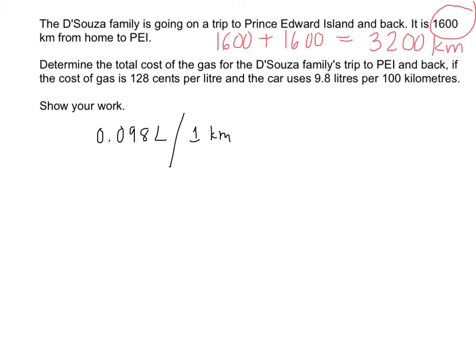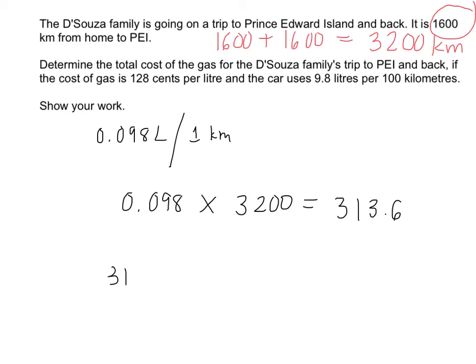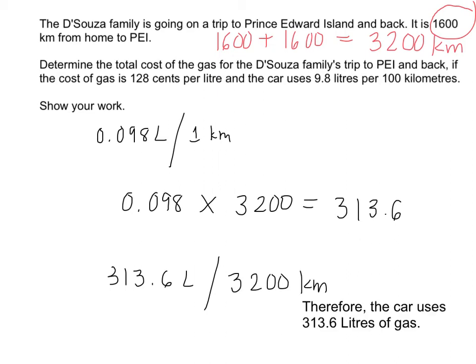To show an increase, we're going to multiply 0.098 times 3,200, since we're increasing our kilometers by 3,200. So this is equal to 313.6. 313.6 what? 313.6 liters for every 3,200 kilometers. Therefore, the car uses 313.6 liters of gas for this trip.